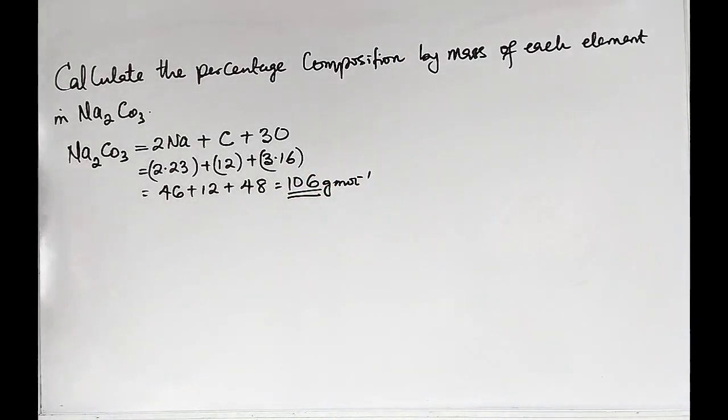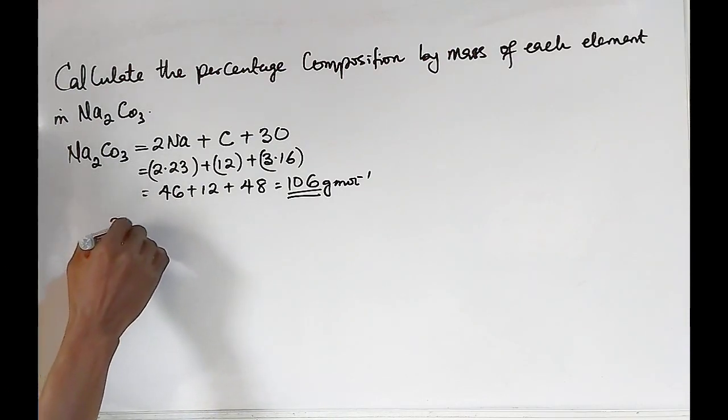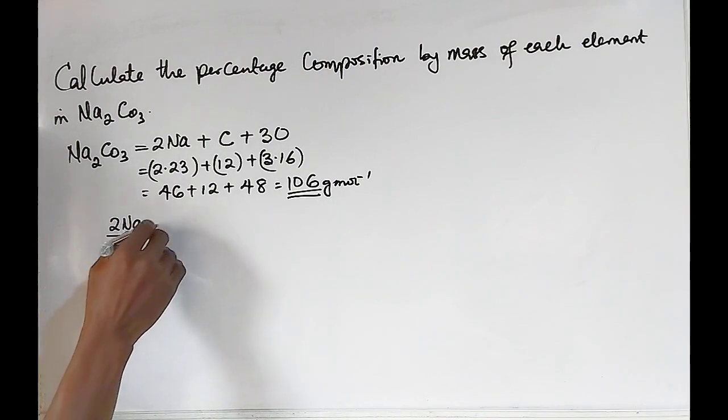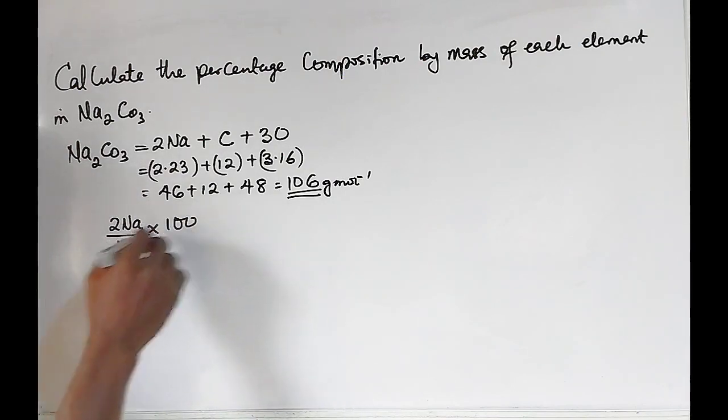Okay, now to find the percentage composition by mass of each element, we take sodium first. Take note that sodium has two atoms here. So here you have 2 times 23 over 106, times 100%.